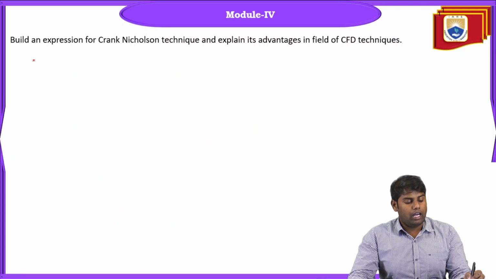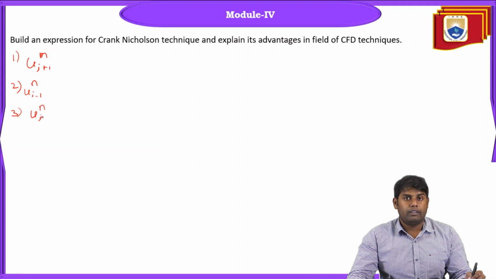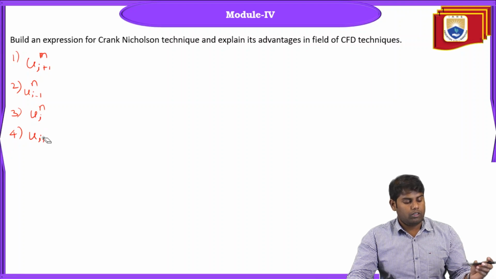In explicit we have u of i plus 1 to the power of n, u of i minus 1 to the power of n, and u of i to the power of n. Next, the fourth one is u of i to the power of n plus 1.